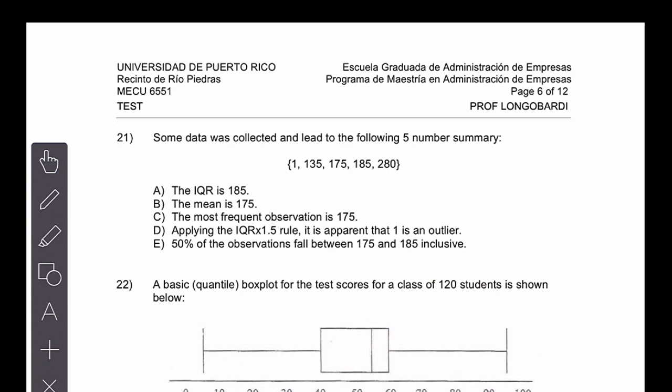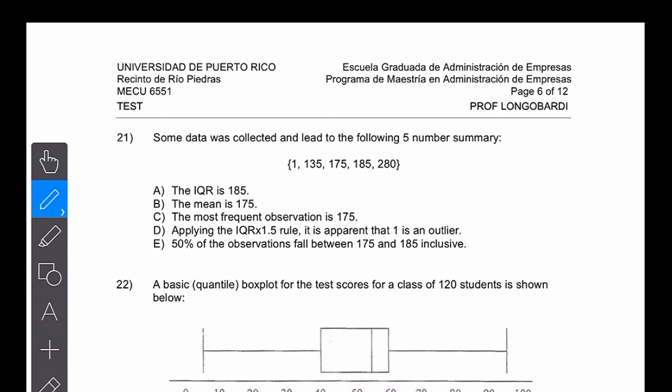So in this case, we have 120. So that means at 40 is, basically out of 120, you got to take off the first 25% to know how many students were above 40. But basically, since it's exactly here, and we know this is the 25th percentile, this is the 50th, this is the 75th, and this is the 100th, then this tells you 75% of the students are above 40.